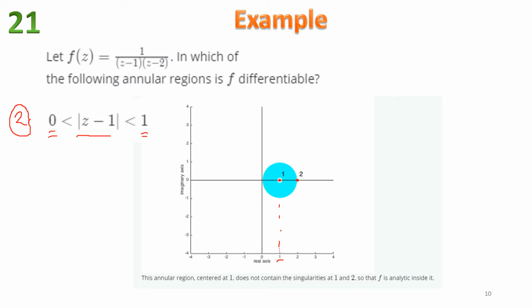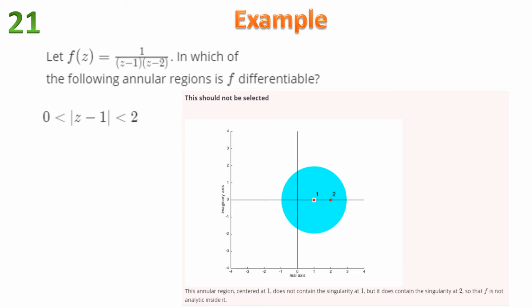This means we are considering the radius of the disk between 0 and 1. So 1 will reach up to 2, and here the annular region is centered at 1 and does not contain the singularities at 1 and 2. Therefore, the function is analytic inside it. So this is to be marked analytic inside the annulus.